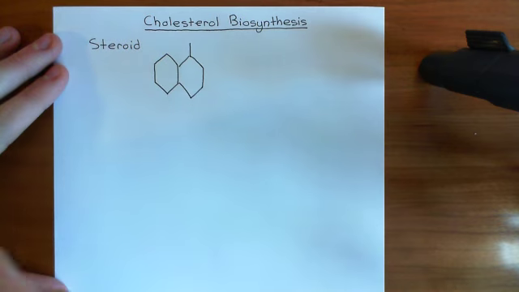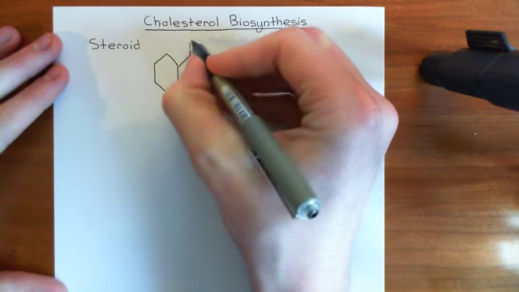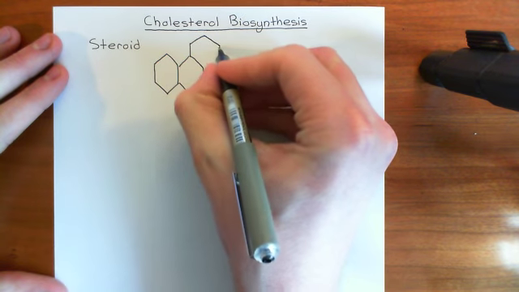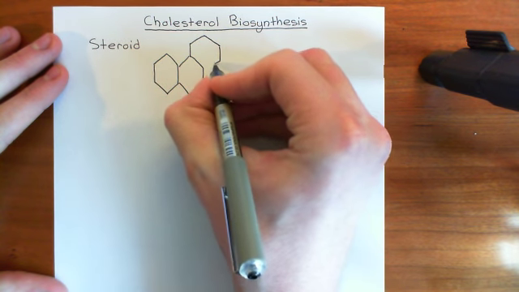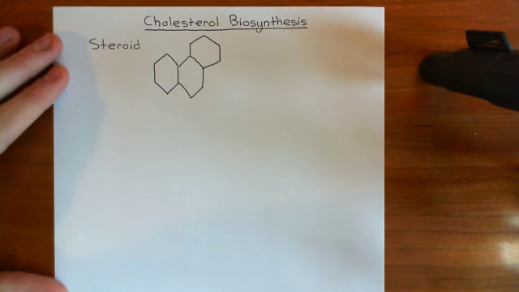And also, when people talk about steroids and draw the structure of steroids, they absolutely always do it in skeletal formula rather than molecular formula, and that's just because the structure of a steroid looks extremely simple when you show it in skeletal form, whereas it looks extremely complicated if you show it in molecular form.